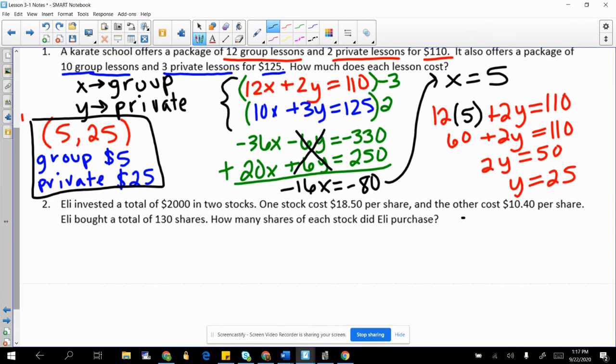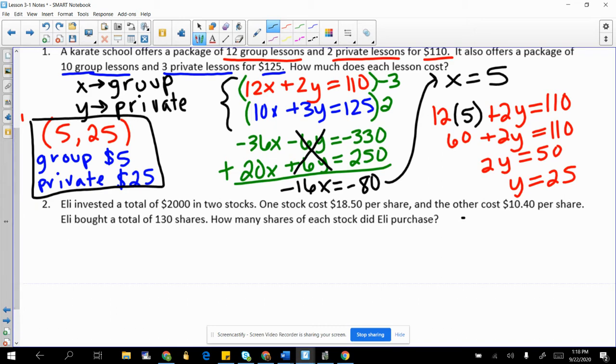And this one here says, Eli invested a total of $2,000 in two stocks. One stock cost $18.50 per share and the other stock cost $10.40 per share. Eli bought a total of 130 shares. How many shares of each stock did Eli purchase? Okay.